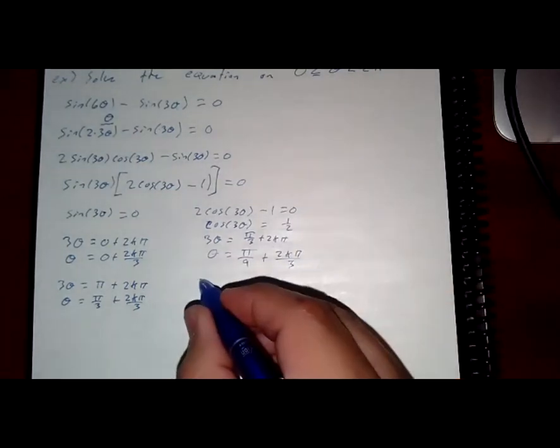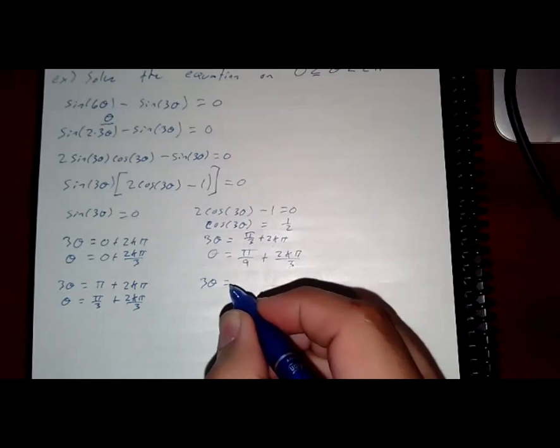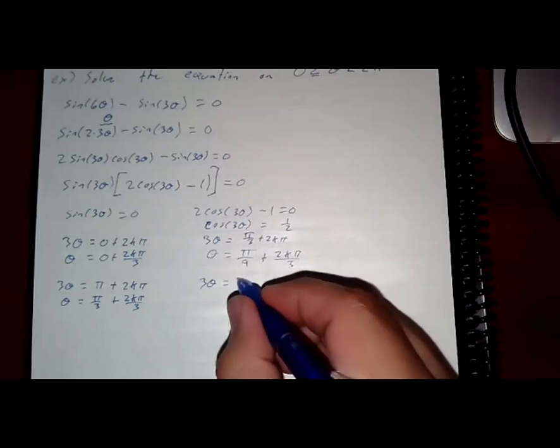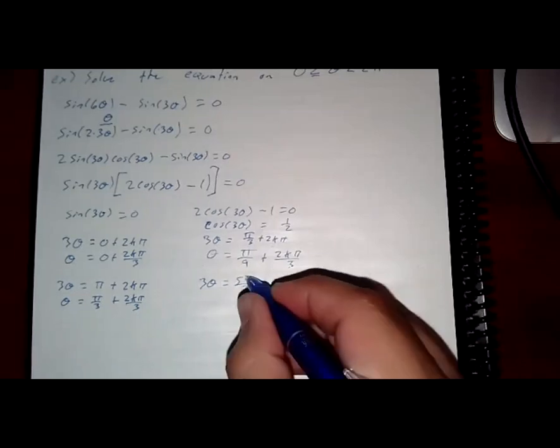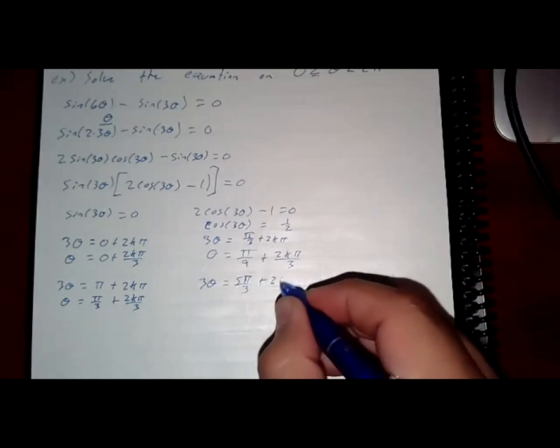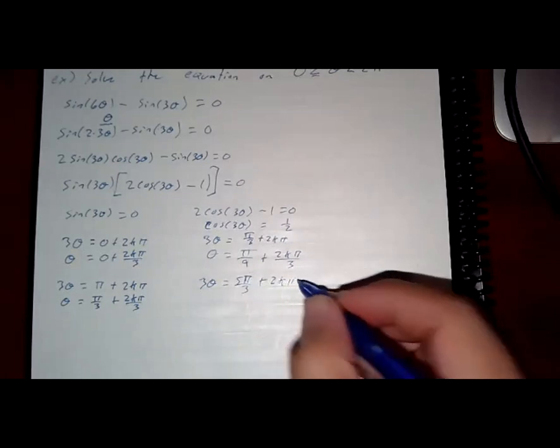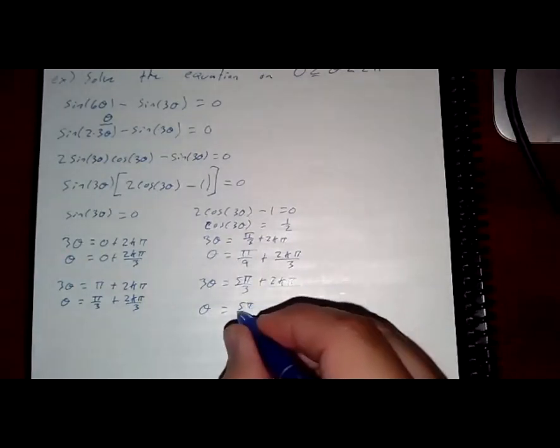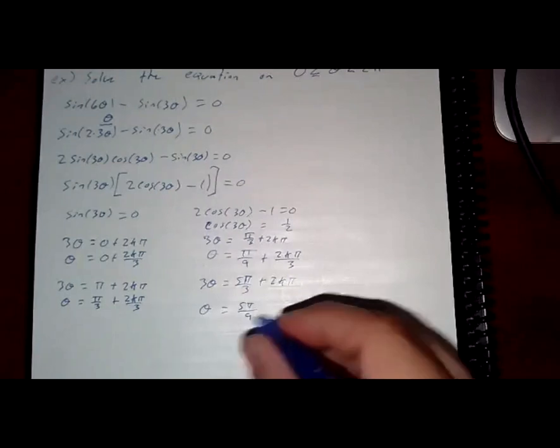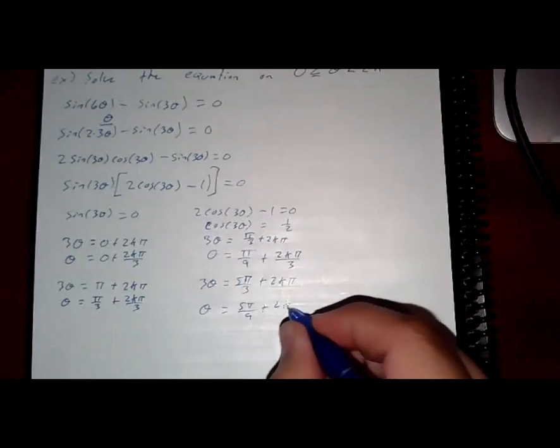The other one we said was 3 theta equal to 5 pi thirds, so theta would become 5 pi ninths plus 2k pi thirds.